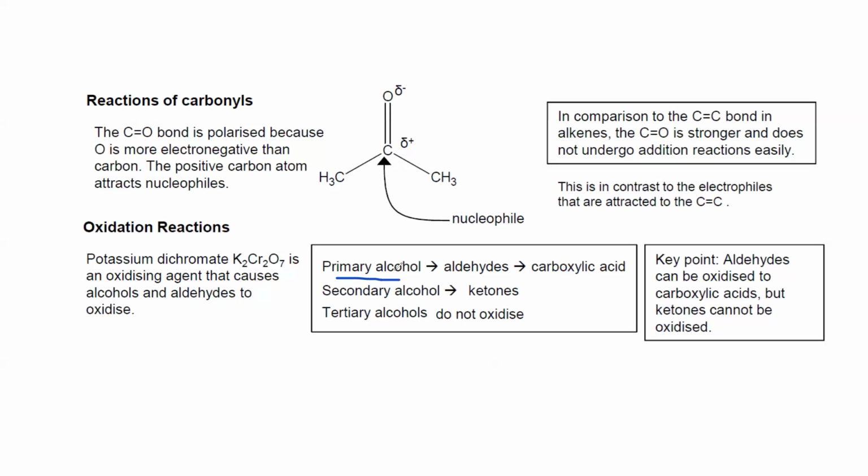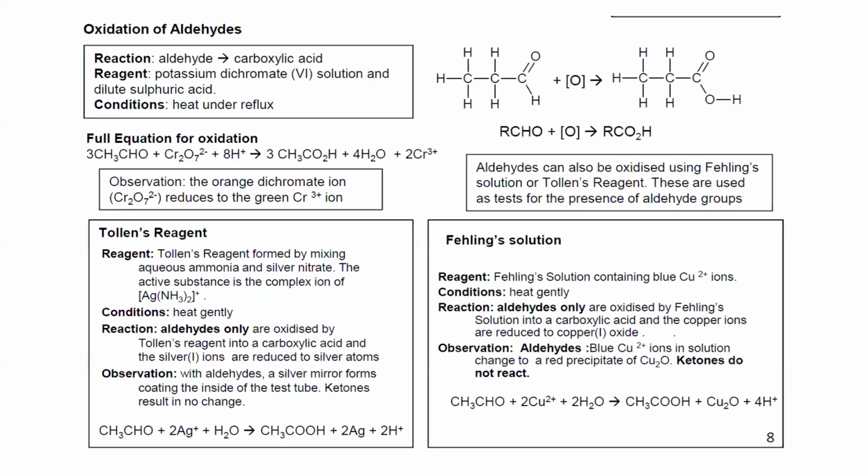A primary alcohol will be oxidized to aldehyde and aldehyde further oxidized to carboxylic acid. If you have a secondary alcohol, it will be oxidized to ketone and tertiary alcohol cannot be oxidized at all.